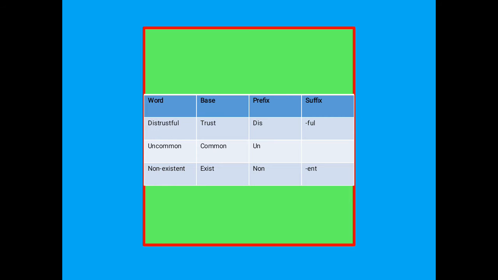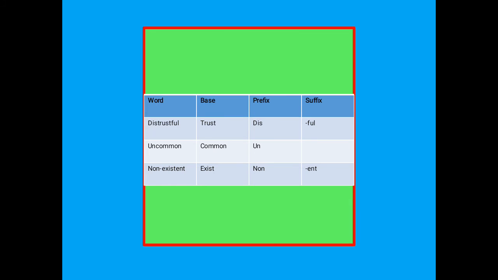So here we have distrustful, with trust as a base, dis as a prefix, and ful as a suffix. Uncommon is a word, common is the base and un is the prefix. Non-existent, non is the prefix, ent is the suffix, and the base here is exist.